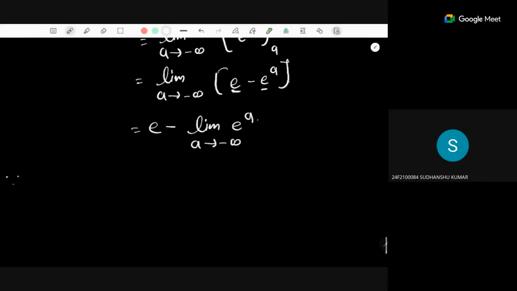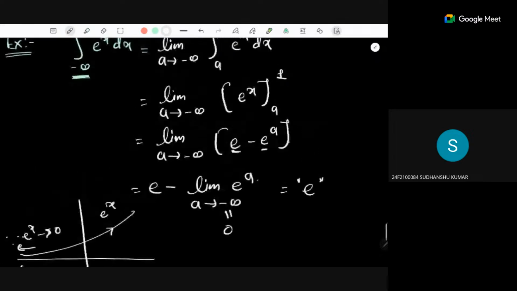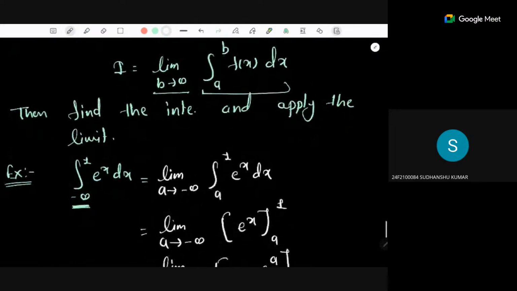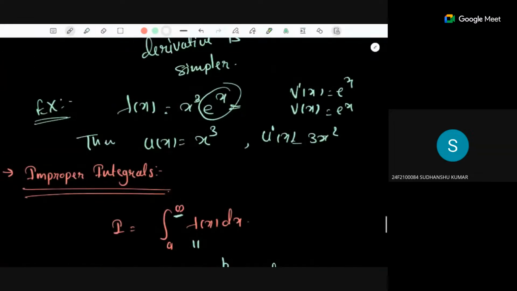We know from the graph of the e to the power x function that as x goes to minus infinity, e to the power x goes to 0. So this limit is nothing but 0, and the answer will be e. So we can handle these types of integration just by making them a combination of limit and integral. These are known as improper integrals, and we will also study them in future.